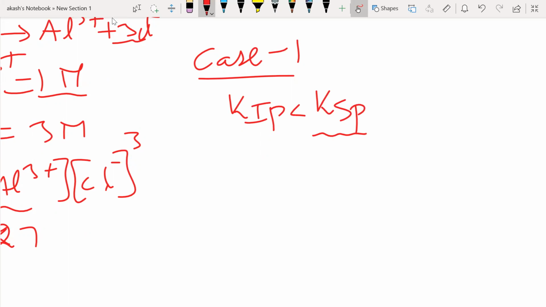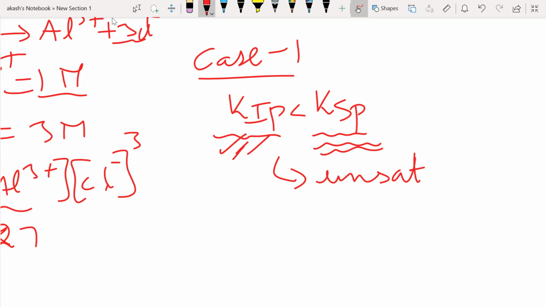That means the concentrations of the cation or anion are not sufficient to be equal to the solubility product. That means the solution is not saturated yet.